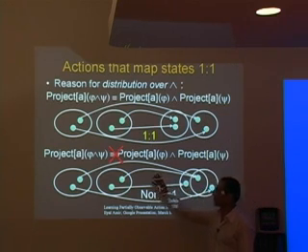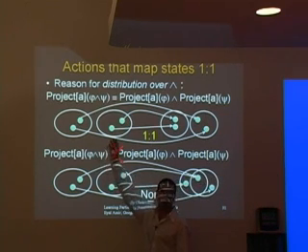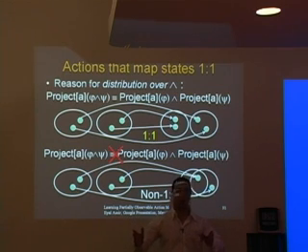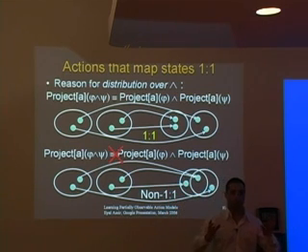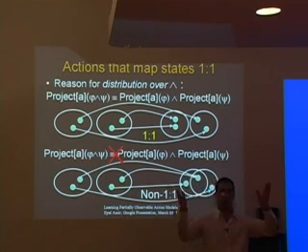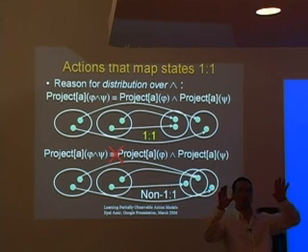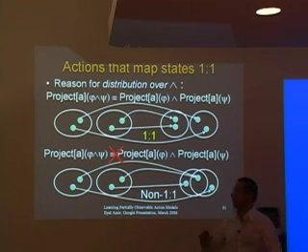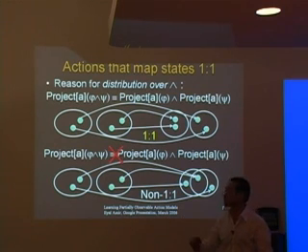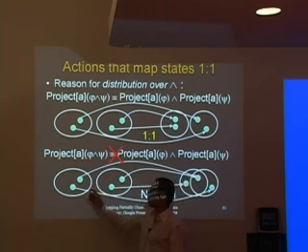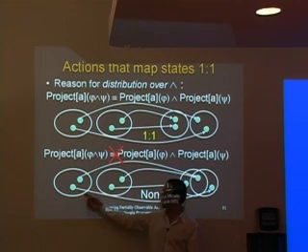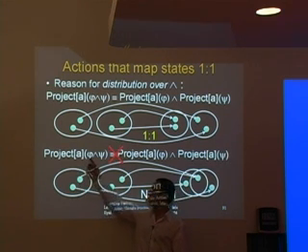So what you're going to see is that this process of breaking the formula into its pieces really is what we do. We take a formula, and say this formula is built of a conjunction of, say, two formulas, and we update each one of them separately. What happens when we have a non-one-to-one action? So look at the example here at the bottom. We have two formulas, phi and psi.